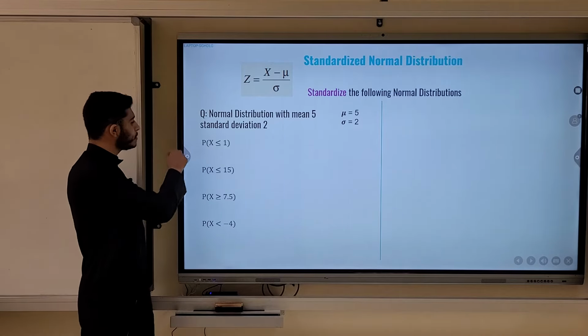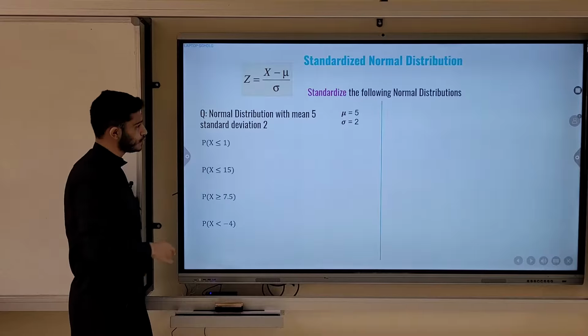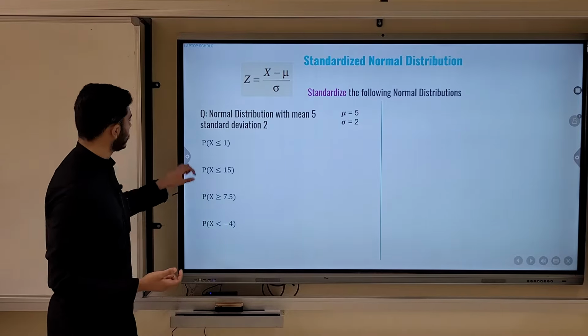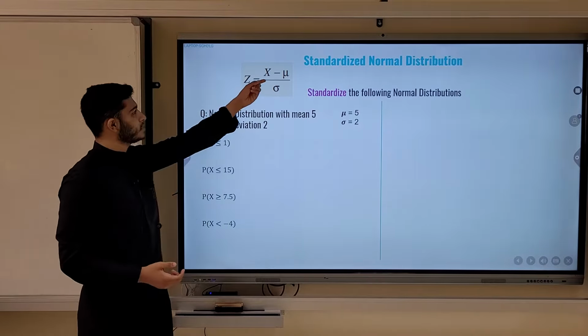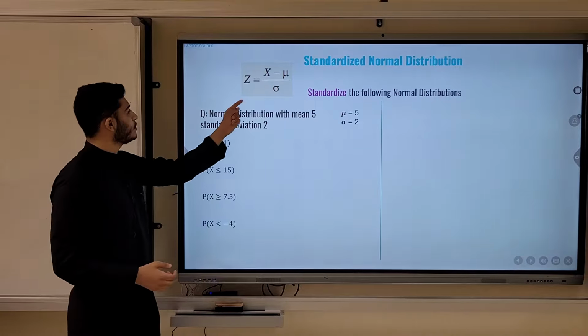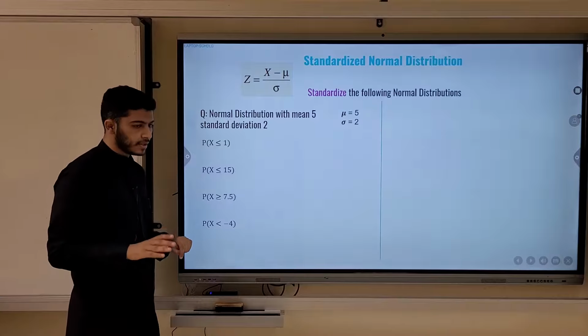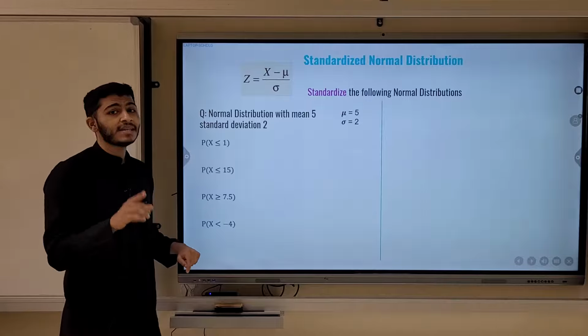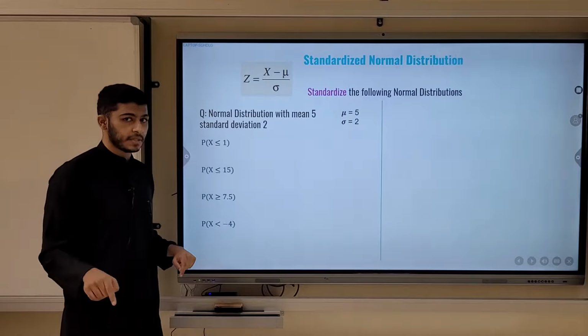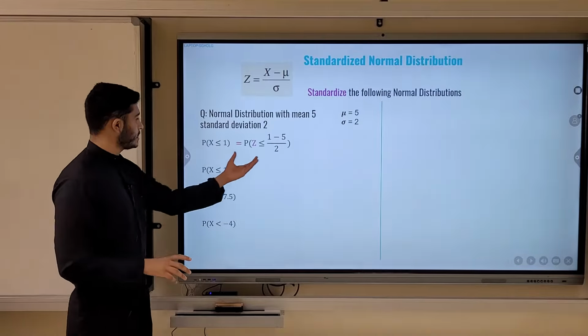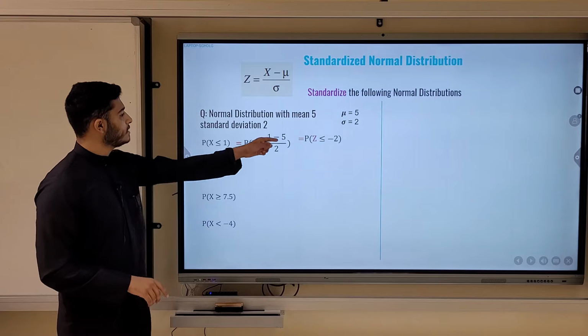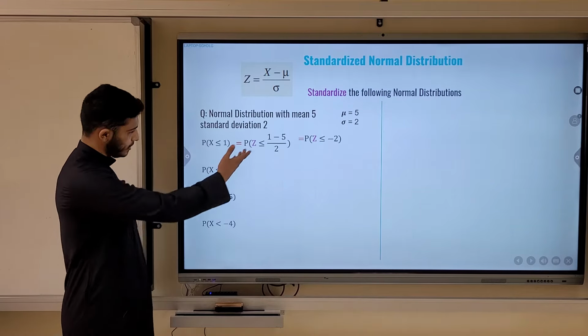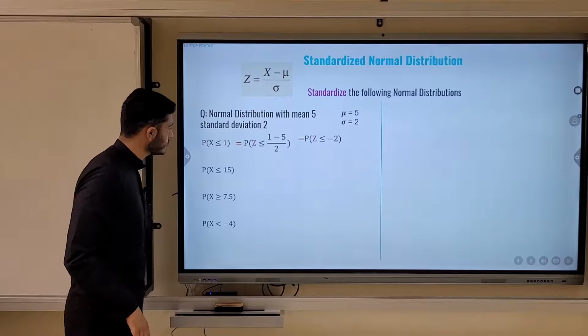The first one, probability of x less than or equal to 1. What do we do? We take the outcome 1, we subtract the mean from it, and we divide by the standard deviation. Not the variance, the standard deviation. This is a common mistake, okay? So it's going to look like this at the end, and you will end up with this one, of course.